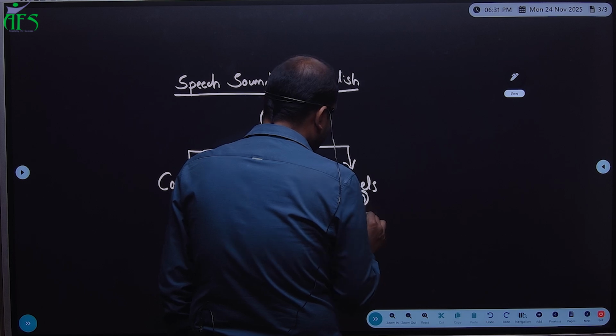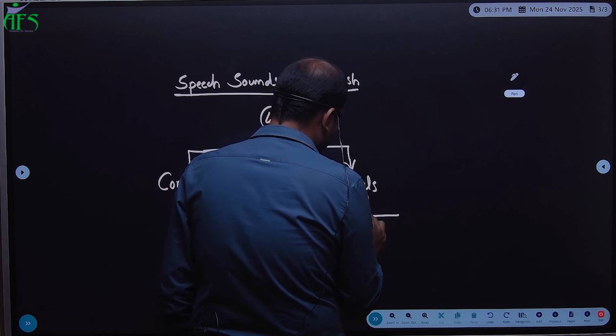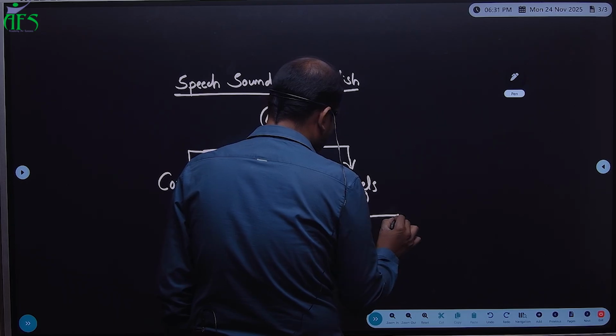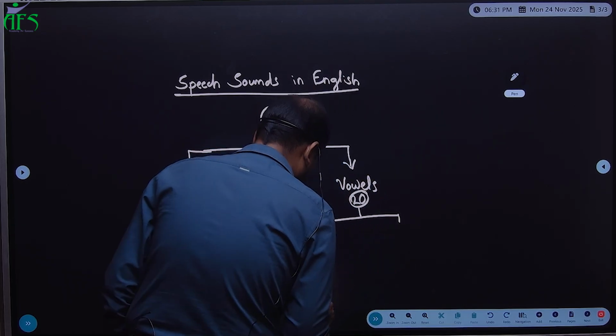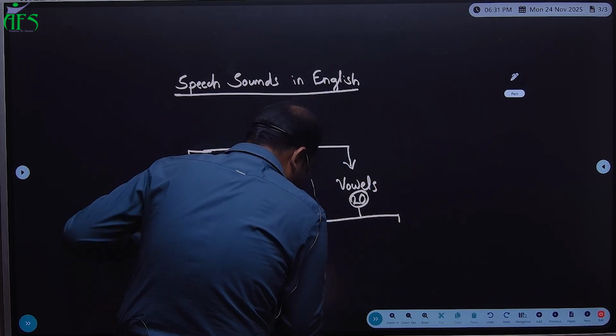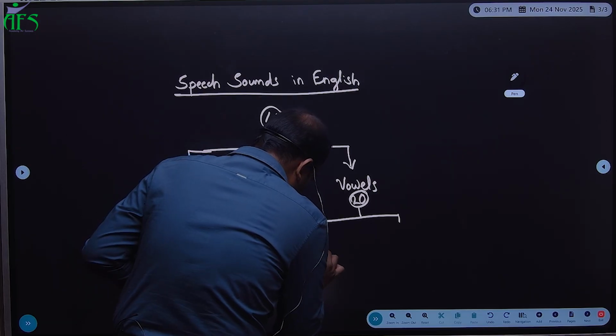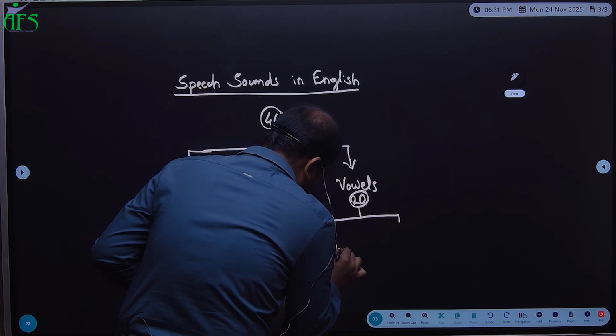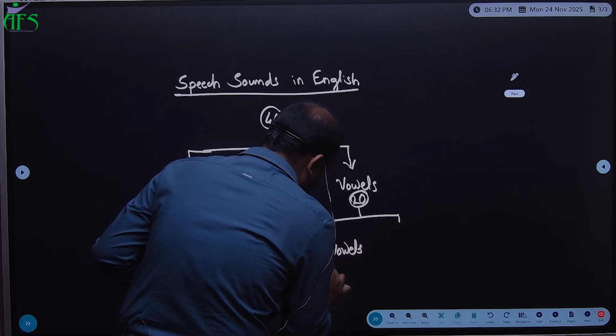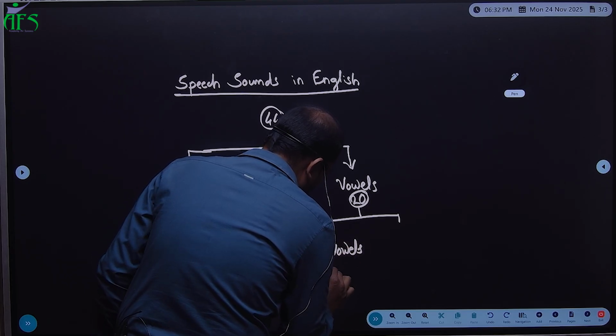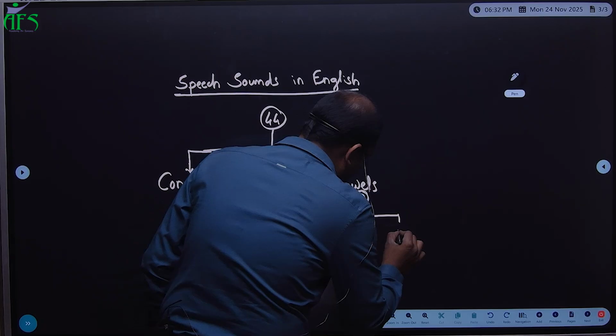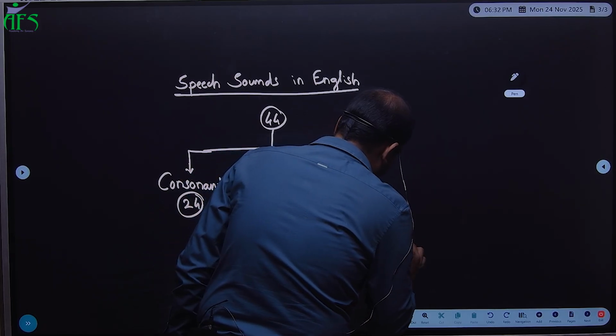And in the vowels again there are two categories. Pure vowels, they are 12, and the remaining 8 are diphthongs.